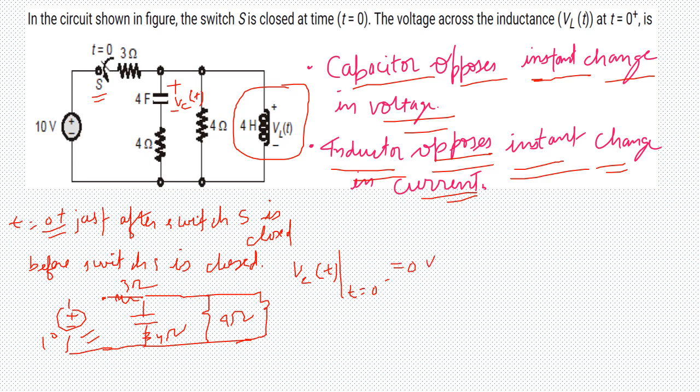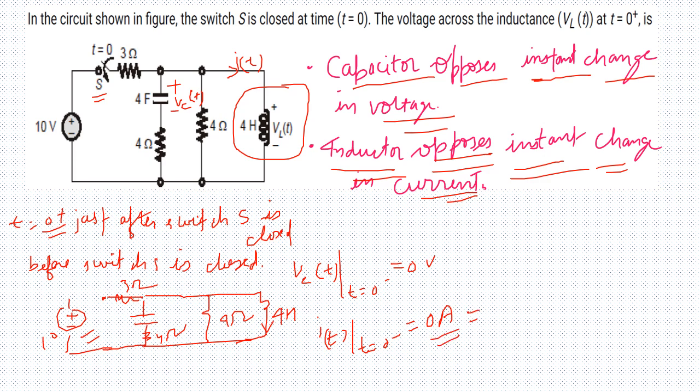Same for the inductor current, that is the 4 Henry inductor. This current, if I call it I of t, at t equal to 0 minus is equal to 0 amps. Now as the switch is closed, the current should not change instantly, as this is the property of the inductor.